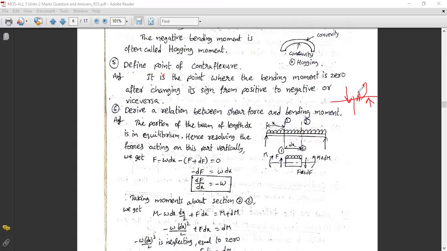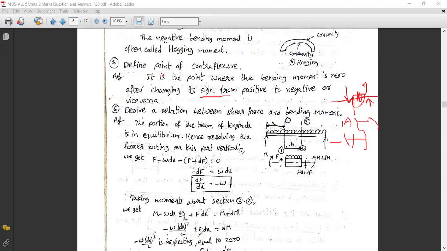Here you have a point of contraflexure where the sign changes. The bending moment is zero after changing its sign from positive to negative or negative to positive, depending on the values of the bending moment. So this is called the point of contraflexure.